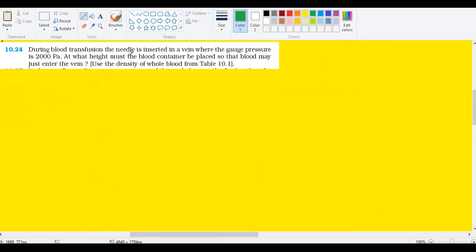During blood transfusion, the needle is inserted in a vein where the gauge pressure is 2000 Pascal. Okay, so they said gauge pressure, so that's the important word. At what height must the blood container be placed so that blood may just enter the vein?